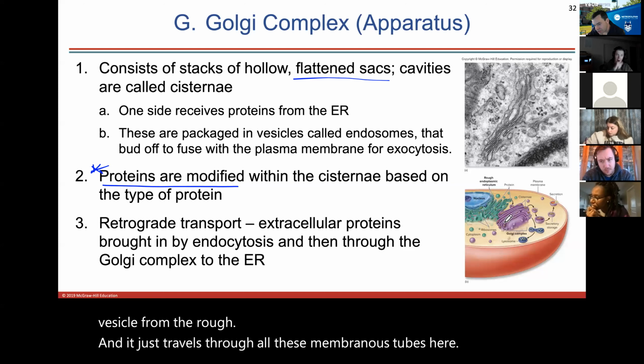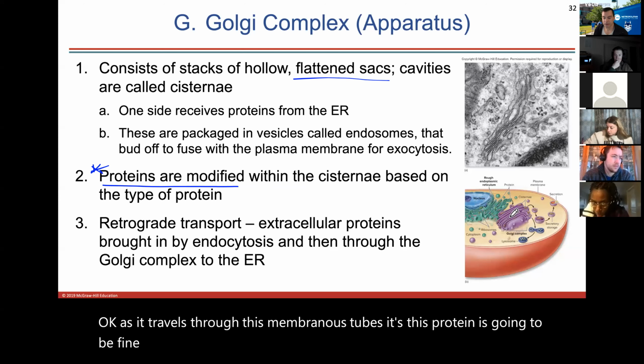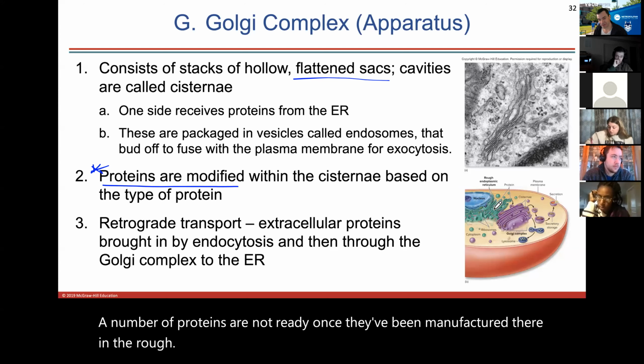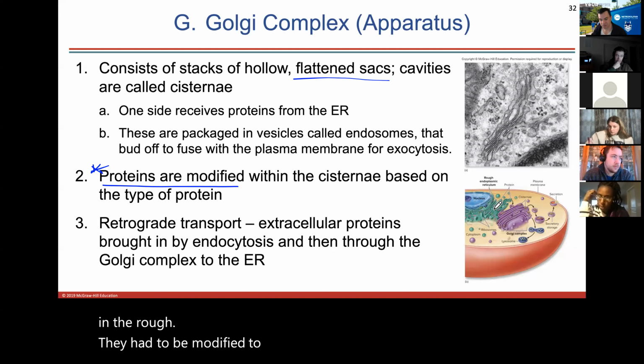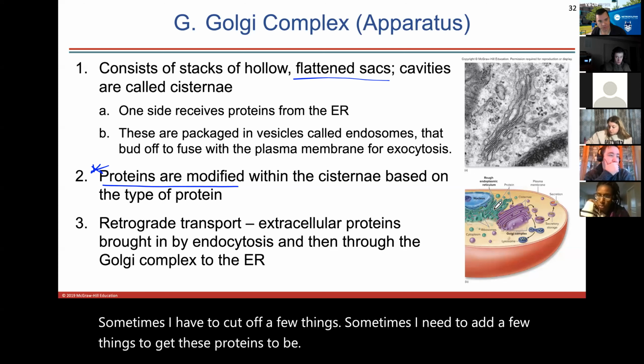As it travels through these membranous tubes, this protein is going to be fine-tuned. A number of proteins are not ready once they've been manufactured there in the rough ER. They have to be modified to become fully active. Sometimes I have to cut off a few things. Sometimes I need to add a few things to get these proteins ready to use.